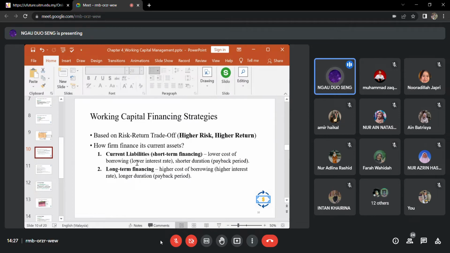Then long-term financing has a higher cost of borrowing, higher interest rate, and longer duration, maybe 5, 10 or 20 years. Long-term financing is normally used for big projects.